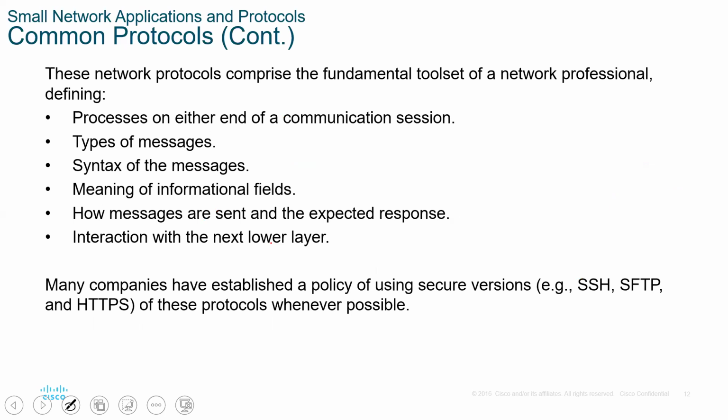These network protocols comprise the fundamental tool set of a network professional, defining the processes, the types of messages, the syntax of the messages, the meaning of information fields, and how messages are sent and expected to be responded to. That is what they do.